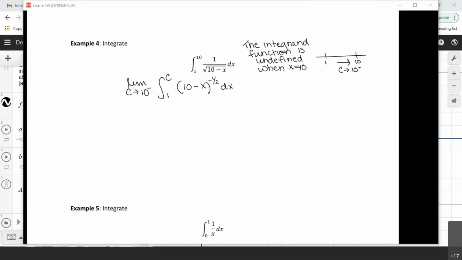Again, I can also use my trick and say it's 1 times that. Why am I doing that? Because again, the derivative of negative x is negative 1. So I'm thinking I'm going to use substitution to integrate.